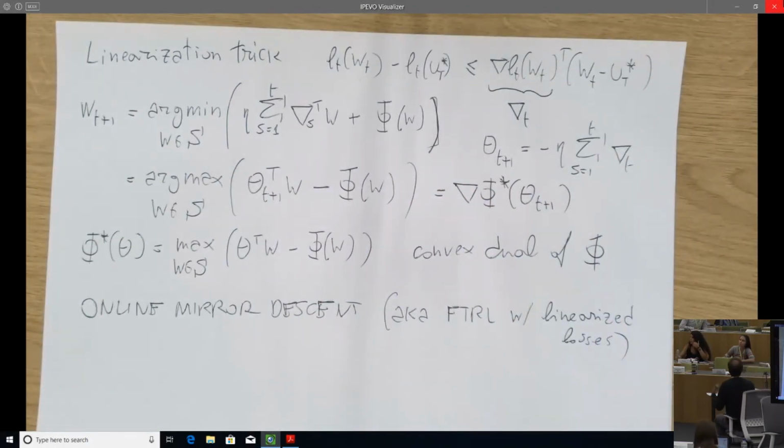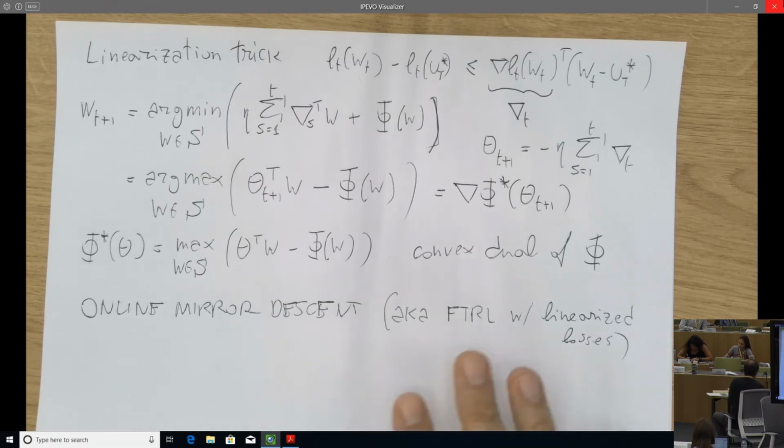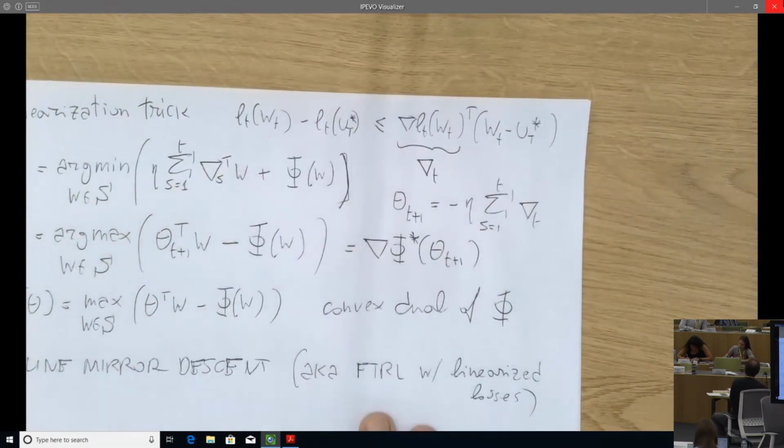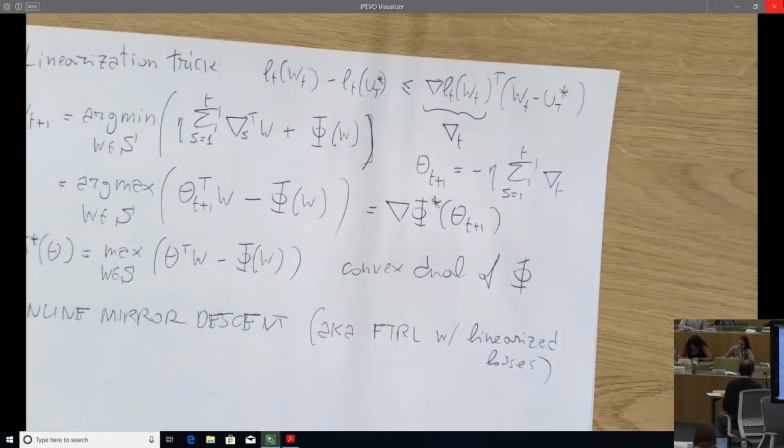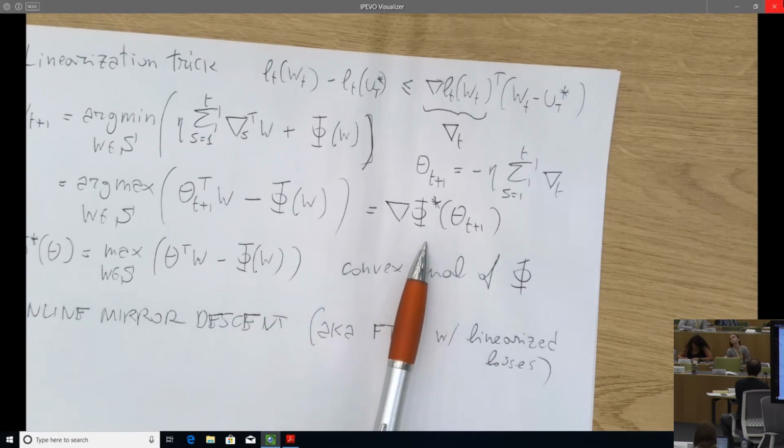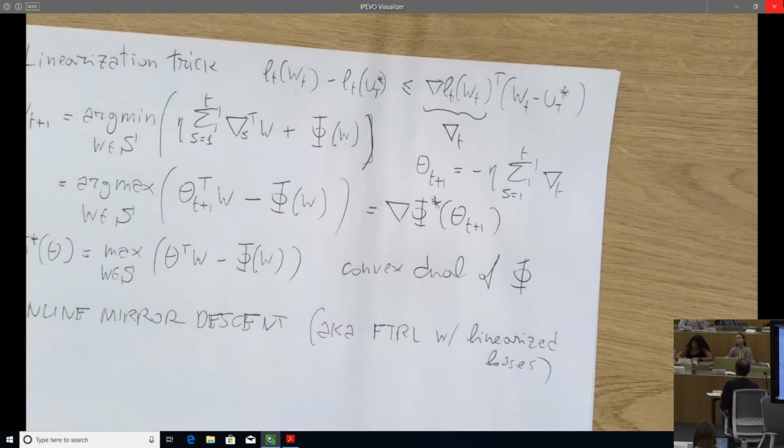So we took follow the leader, we added a regularizer, and we replaced the losses with a linearized version, because we can: the losses are convex, so we upper bound the regret with the linearized regret. Then we observed that using convex duality, we can write the prediction in closed form. Now we write the algorithm, and then we look at the special case of the entropic regularizer, and hedge will pop up. This will be the climax, and then we'll be done.